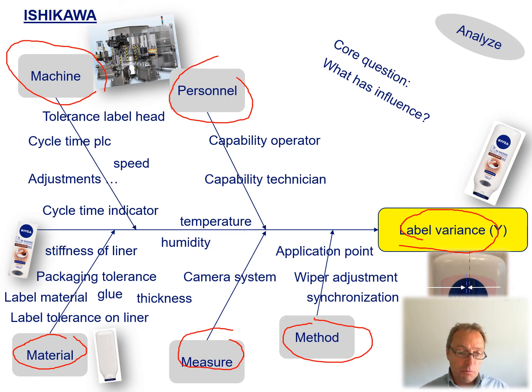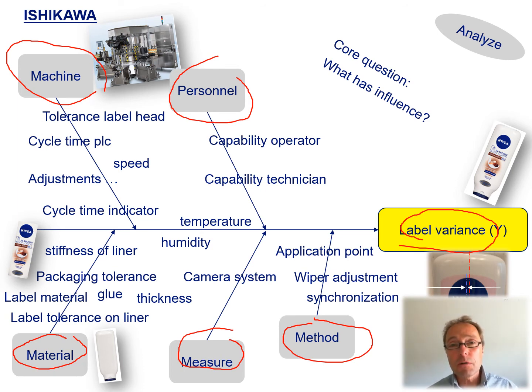There are a lot of things which have influence: the tolerance of the label head, the adjustment of the machine, say the speed, the cycle time of the PLC, the capability of the technician, the humidity, the temperature, the stiffness of the liner, the packaging tolerance in general, the camera system, the application point, the wiper, and whatever there is.